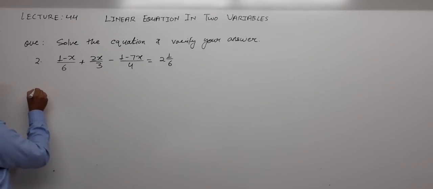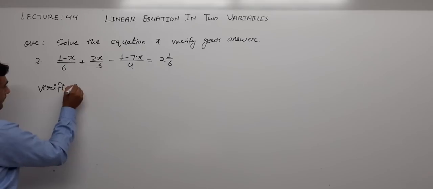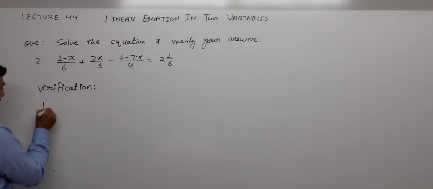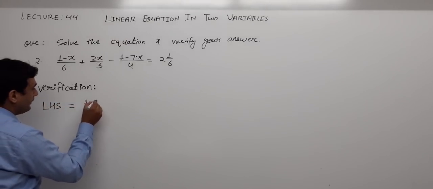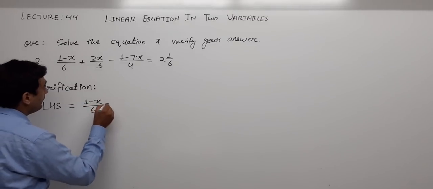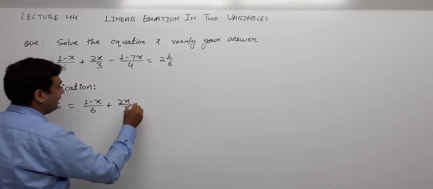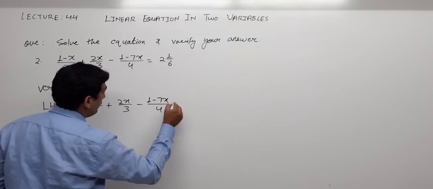Okay, so verification. For this verification, I will take the left hand side. That is 1 minus x upon 6 plus 2x upon 3 minus 1 minus 7x upon 4.